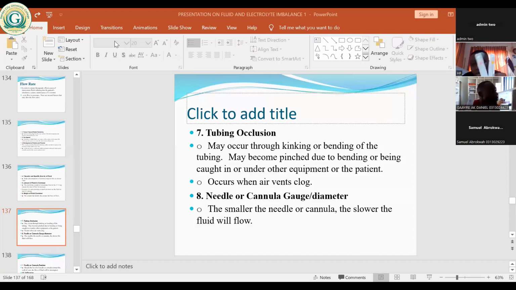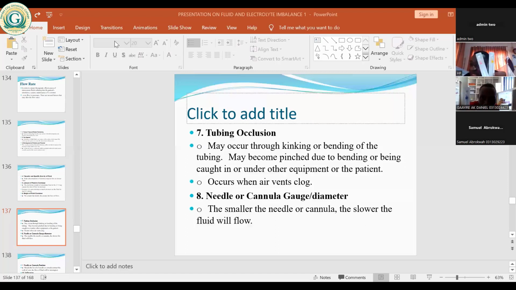But on the ward, there should be different colors because of different patients, different sizes of veins. So the size of the vein would influence the type of cannula that you should pick. If the veins are bigger, you cannot pick smaller cannulas.